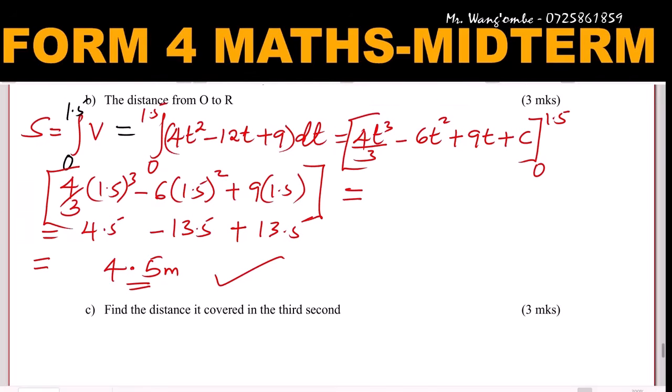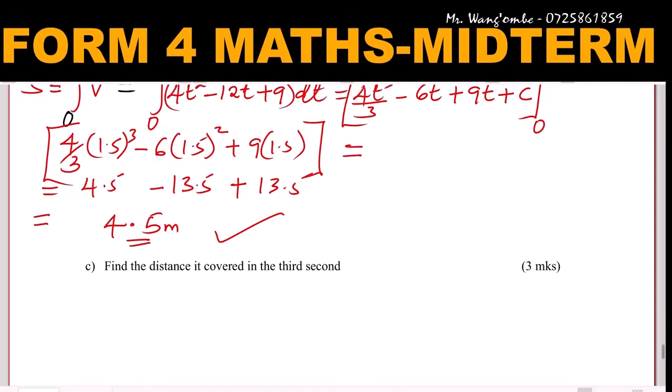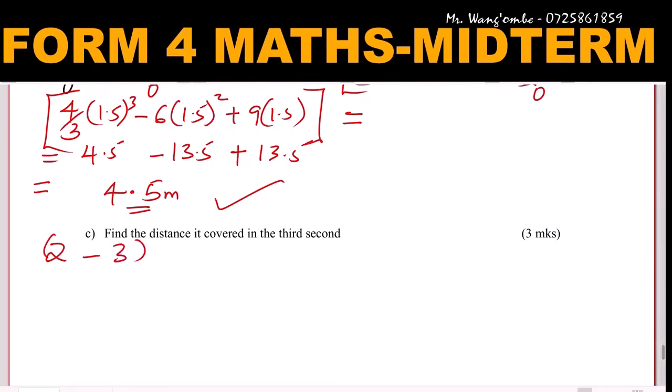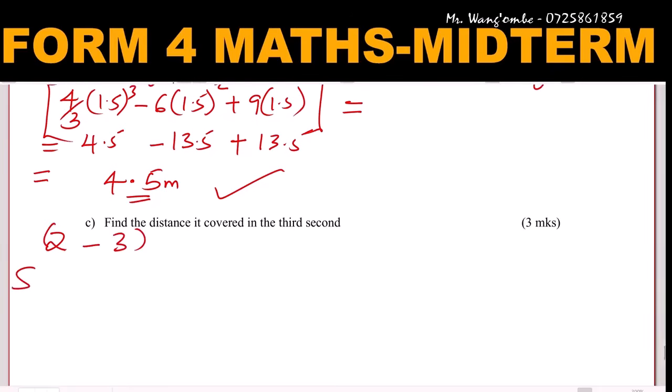We go to the next one, part C. The distance it covered in the 3rd second. In the 3rd second means it is from 2 to 3 seconds. So we are going again to get the distance by integrating the velocity from 2 to 3 seconds: 4t² − 12t + 9 with respect to t.